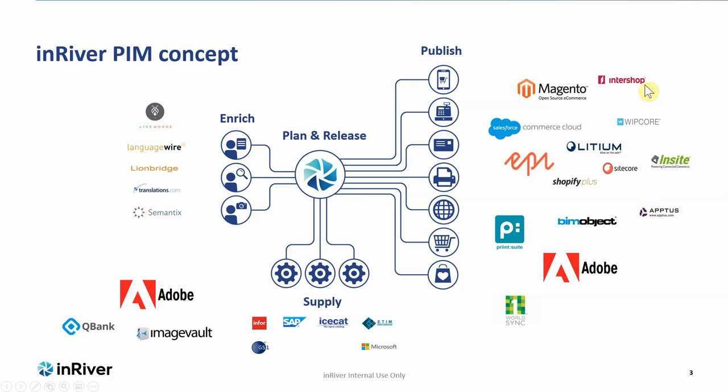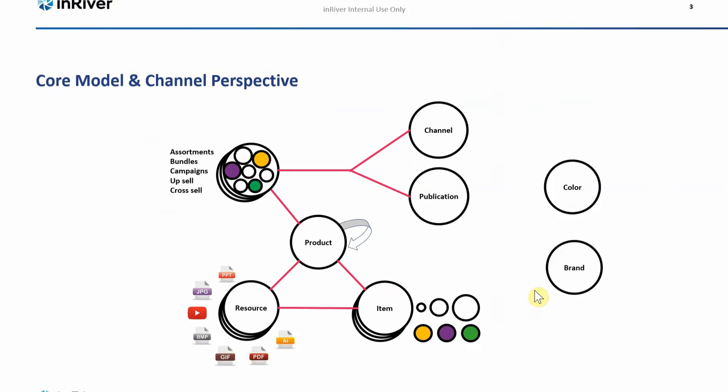Here you will see all the e-commerce players, the CMS systems, and the most common ones here, you will see Salesforce Commerce Cloud, Magento, Episerver, Sitecore, and others. But we also have other solutions here. We have print solutions like the Print Suite or our own inRiver Print. And there also might be other systems that work with customer behavior or so here on the right side.